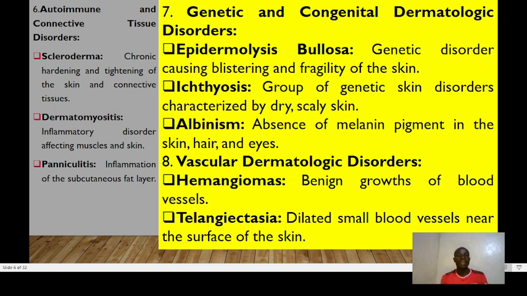We have epidermolysis bullosa, a genetic disorder causing blistering and fragility of the skin, whereas ichthyosis is a group of genetic disorders characterized by dry, scaly skin. Albinism is characterized by absence of melanin pigment in the skin, hair, and eyes, while the vascular dermatologic disorders include hemangiomas and telangiectasia.